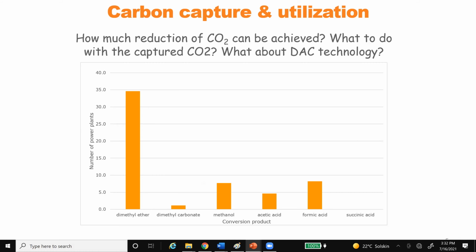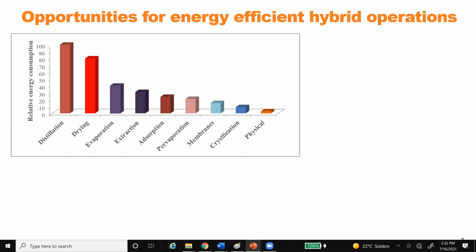And then we looked at which unit operations found in chemical processes use the most energy. Obviously, all the vapor liquid systems will have high energy consumption, and based on energy consumption, they are shown. Distillation is highest, followed by drying, evaporation, extraction, and so on. And then this is very important.